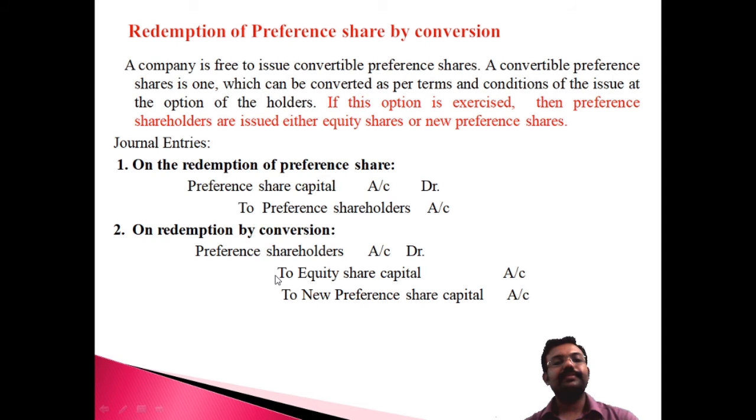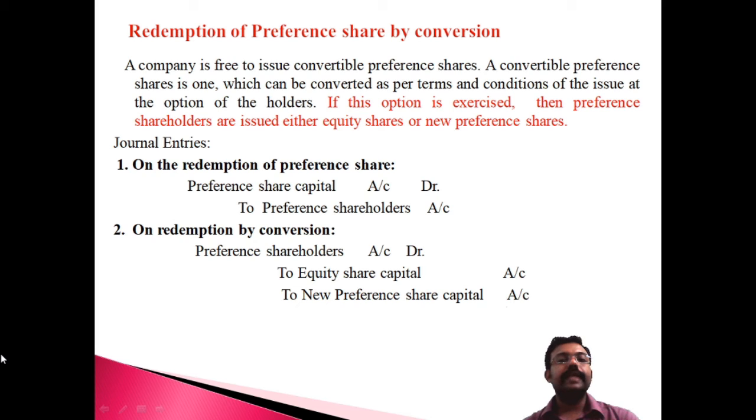Okay, and the last one, redemption of the preference shares by conversion. And what do you mean by the redemption by conversion? That means the companies are free to issue the convertible preference shares. This type of preference shares is converted into the equity shares.